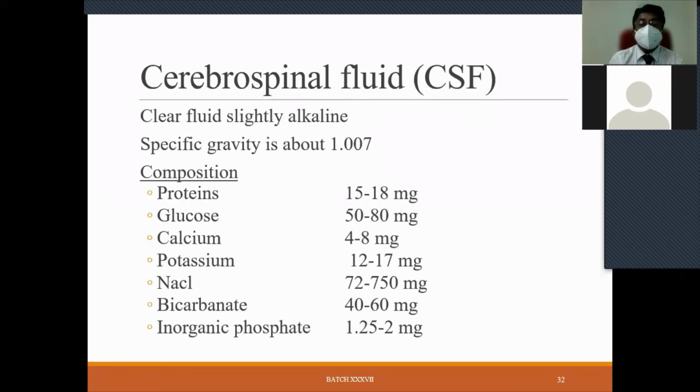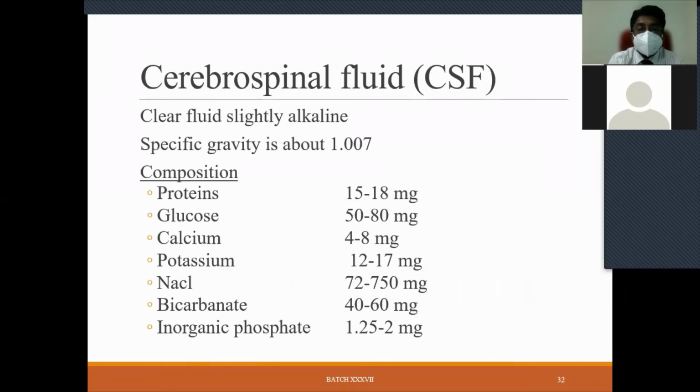Things like coughing and sneezing increase the pressure, and that helps the cerebrospinal fluid to travel.